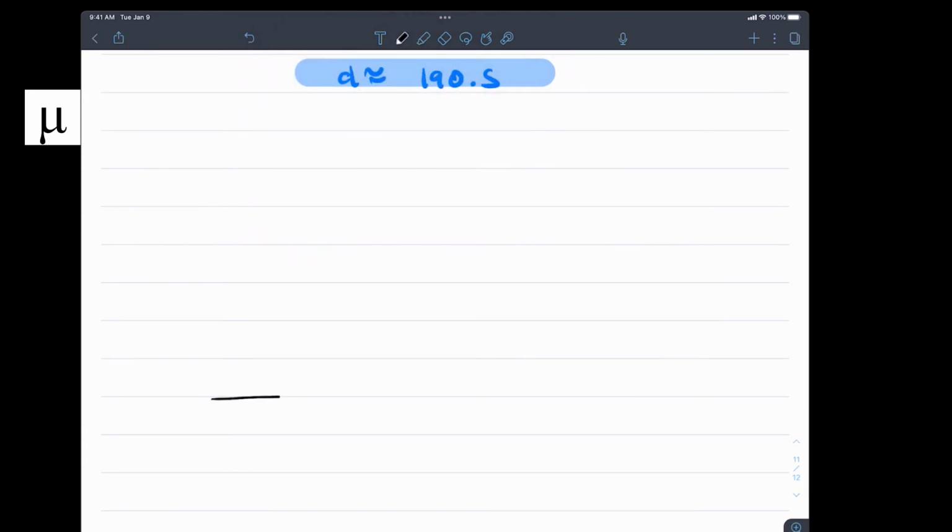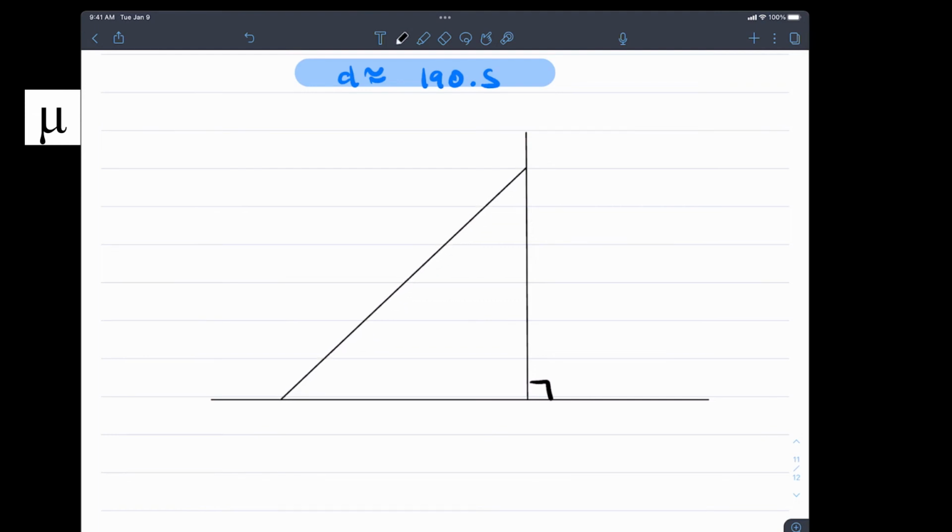Do some more geometry. ABC. So this is 20 degrees.